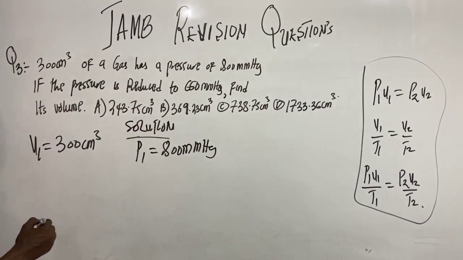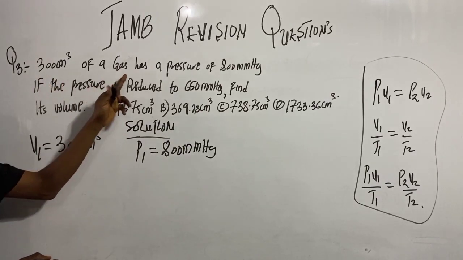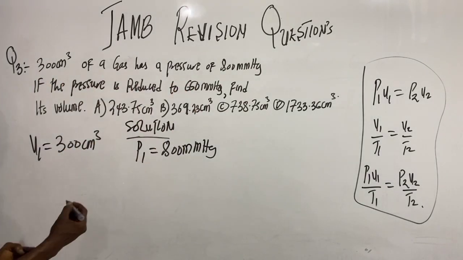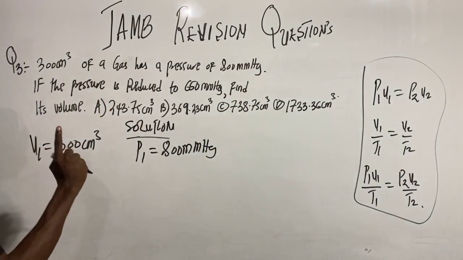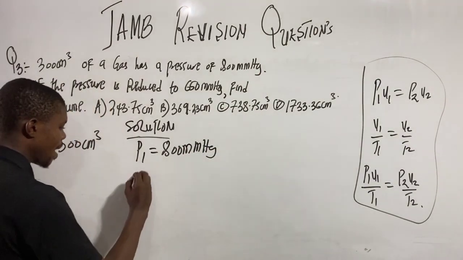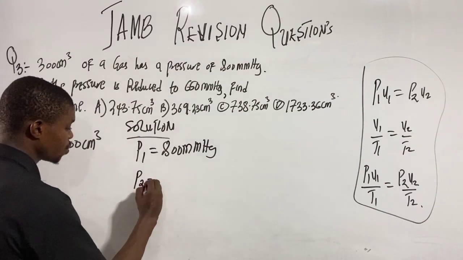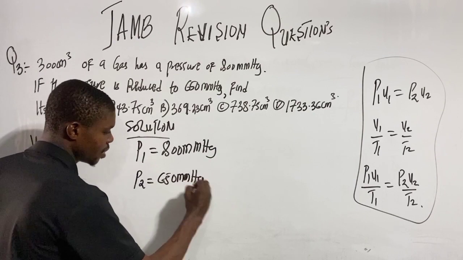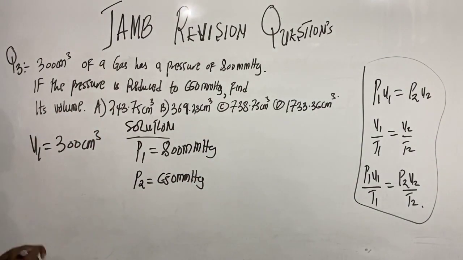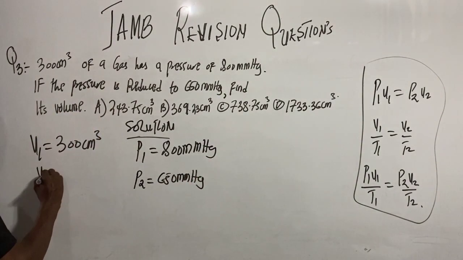Now, 300 cm cube of a gas has a pressure of 800 millimeter mercury. Full stop. If the pressure is reduced, then my P2 is going to be 650 millimeter of mercury, right? It's reduced. Find the volume, so my V2.